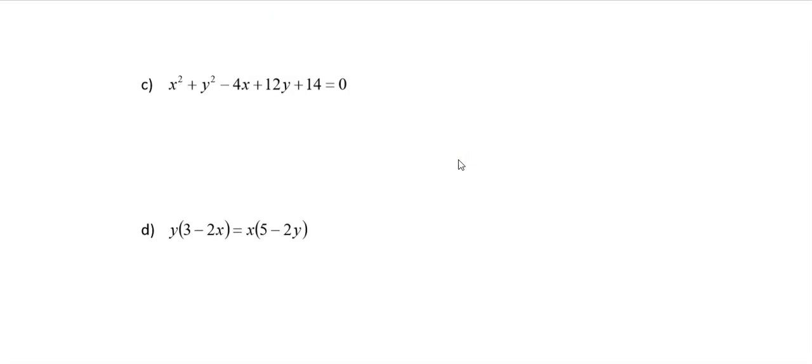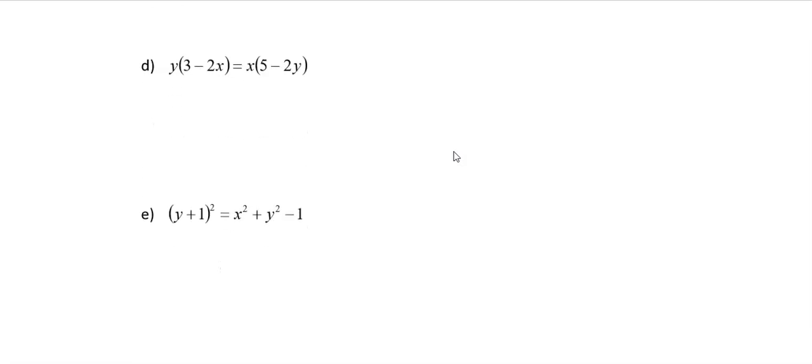Part D, let me see. Part D is interesting. I'm going to let you try that, but here's a little hint. It's not one of the 4 conic sections we've looked at. So you sort of multiply everything out there, see what you have left, see what you're going to have, and then identify it.